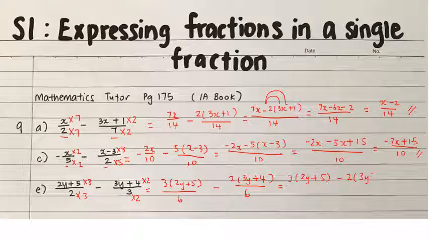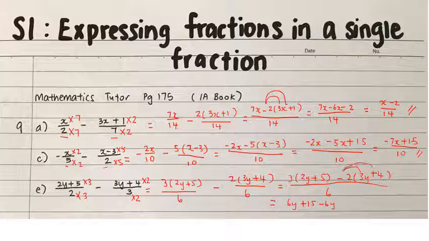Okay, and after that, I simplify. Minus 2 times 3y, so I get minus 6y. Minus 2 times 4, so I get minus 8 over denominator 6. And last step, I simplify my answer. My 6y minus 6y equals to no more y. 15 minus 8, I get 7 over 6.